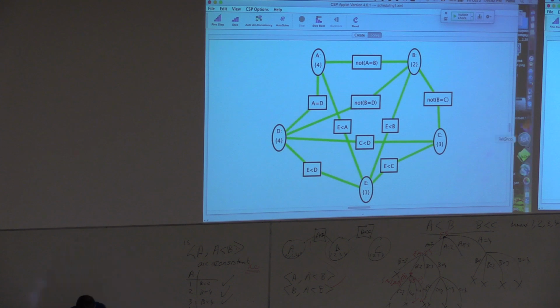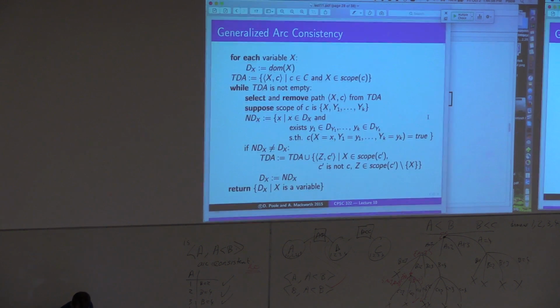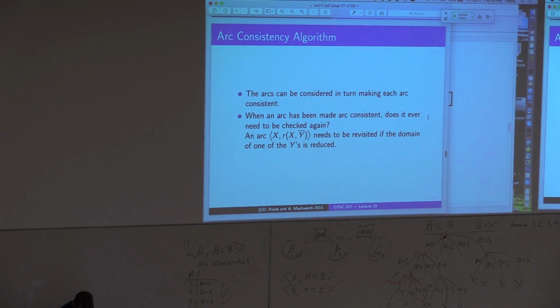Let's go back to that. Oh, I'm lost. Where am I? There. Let's go back here. So this arc between x and some relation of x and y, when it's been made arc consistent, it's arc consistent until the domain of one of the y's is reduced.